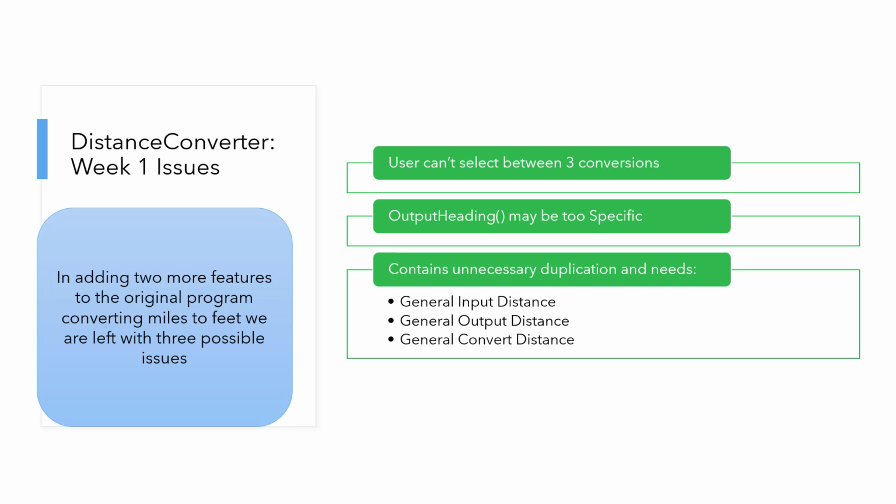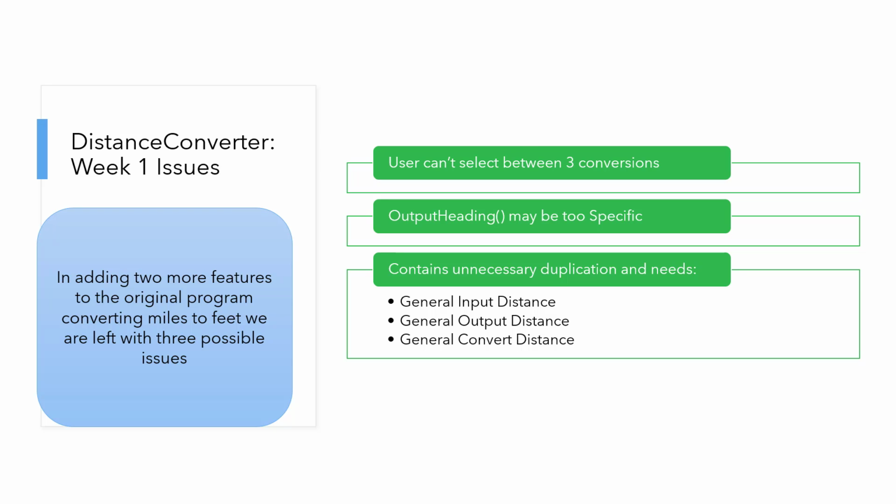By now you should have added 2 more features, so there should be 3 features in your distance converter. So it should be possible to convert miles to feet, feet to miles, and one other distance. But we still got problems. There should still be issues unless you've gone ahead of what I was expecting, because the user can't select between these 3 conversions.